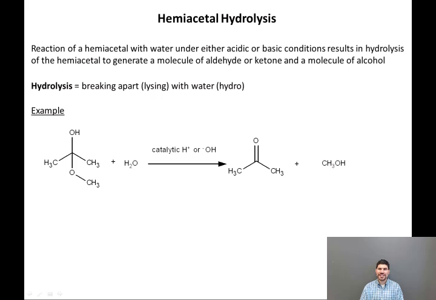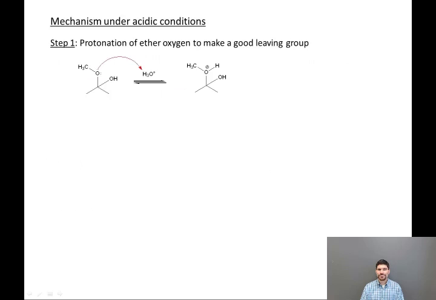So you can see an example here, the hemiacetal reacting with water to give acetone in this case, plus a molecule of methanol. Now the mechanism of this reaction is essentially the exact reverse of hemiacetal formation. So let's give it a look.